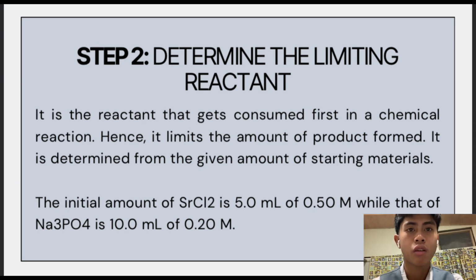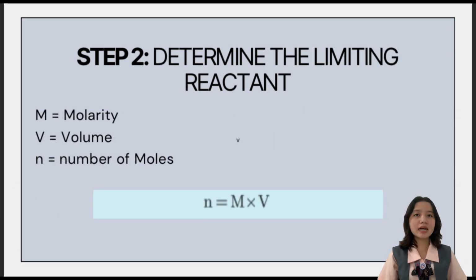Step 2. Determine the limiting reactant. Remember that the limiting reactant is the reactant that is entirely consumed first in a chemical reaction, thereby restricting the amount of product. The limiting reactant is determined from the given amount of starting materials. The moles of each reactant must first be calculated.